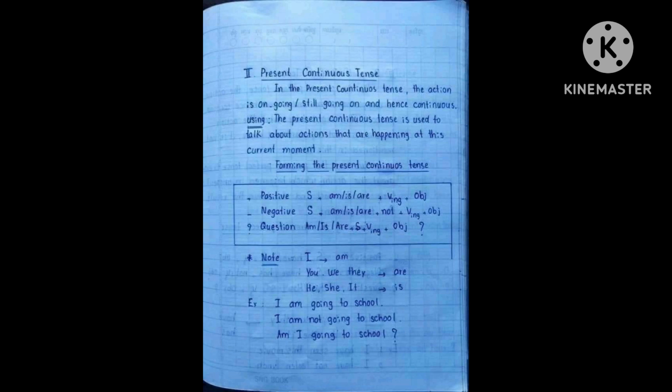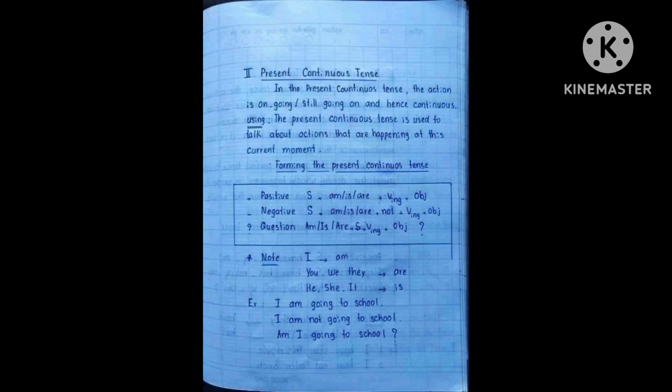So how can we frame the present continuous tense? For the positive sentences, we use subject plus am, is or are plus the ing form of the verb and object.